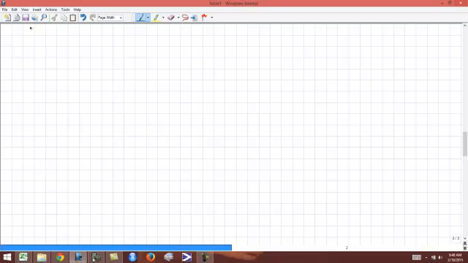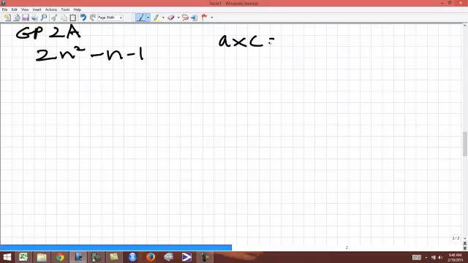So, GP 2A is 2n squared minus n minus 1. Okay, so A times C equals negative 2 and B equals negative 1. Okay, so we're looking for factor pairs of 2 that combine to equal negative 1.